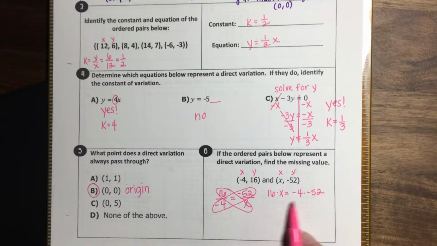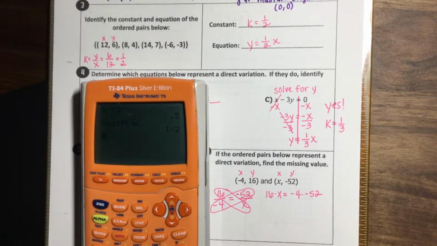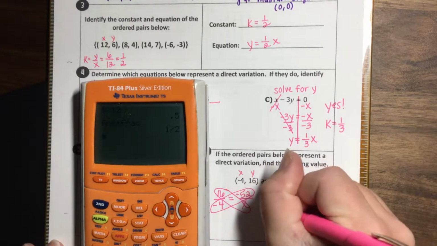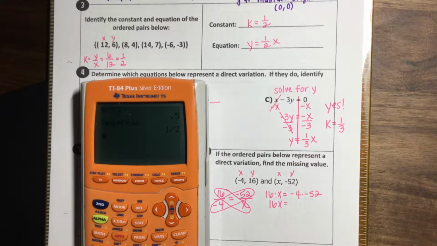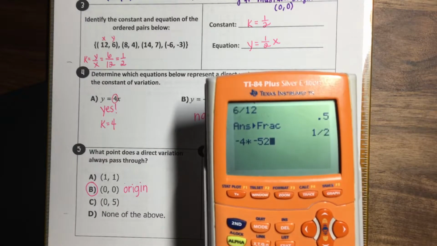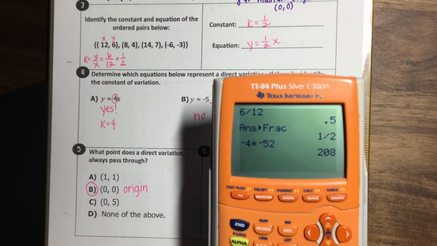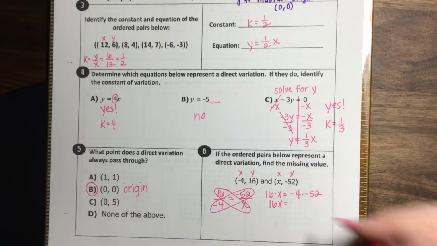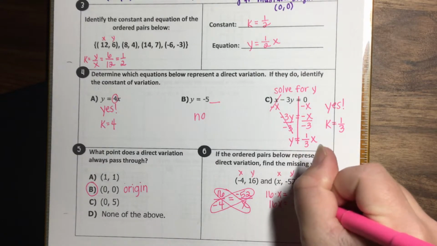When I plug this into a calculator, on this side it's still just going to be 16x equals -4 times -52. Sorry, that's very hard to see. So -4 times -52 gives me 208, so 16x equals 208.